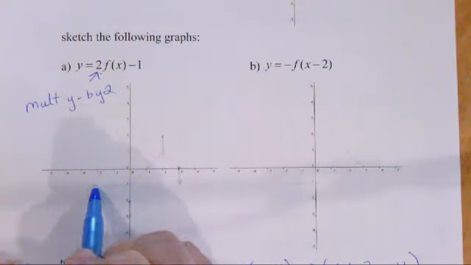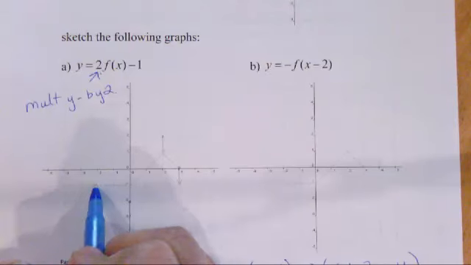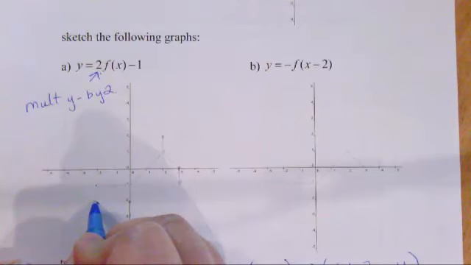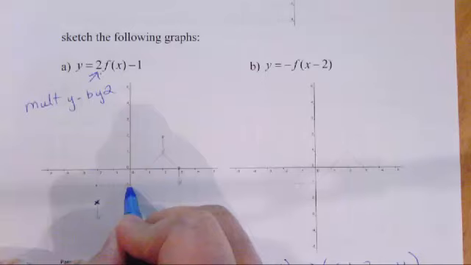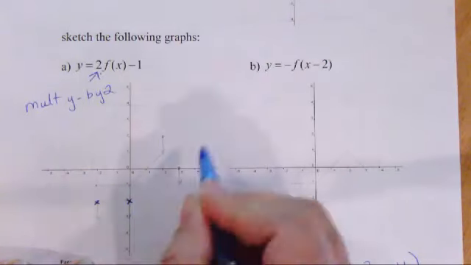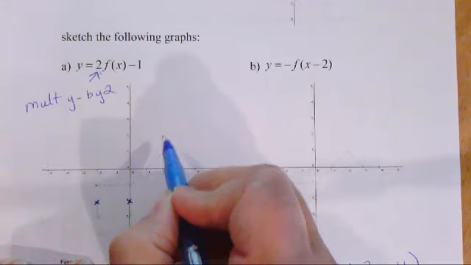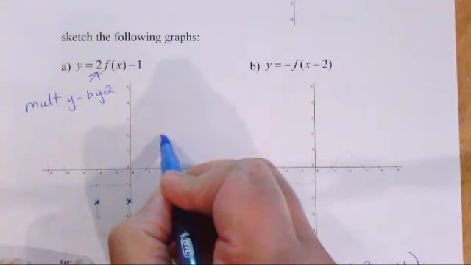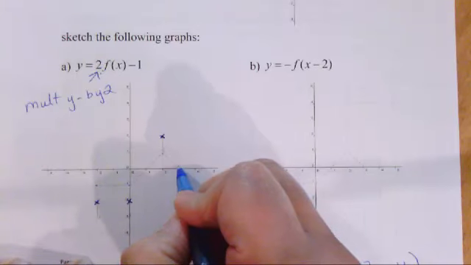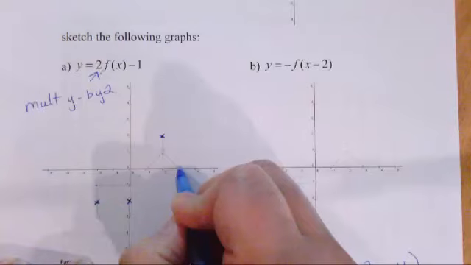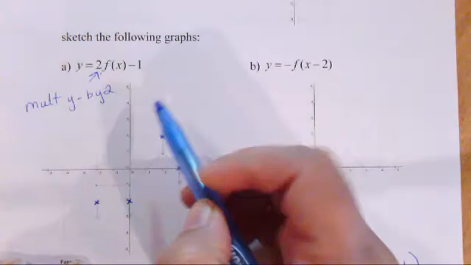Here is where our original is. We multiply that by 2, so y equals negative 1 becomes y equals negative 2. This is y equals 1, and we make that y equals positive 2. And this is y equals 0, which stays the same, so that doesn't change for now.